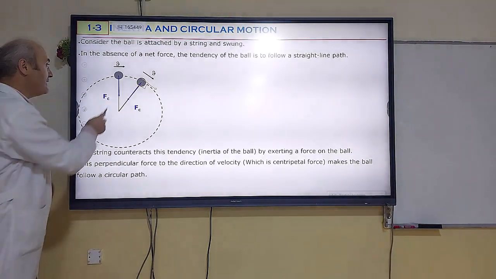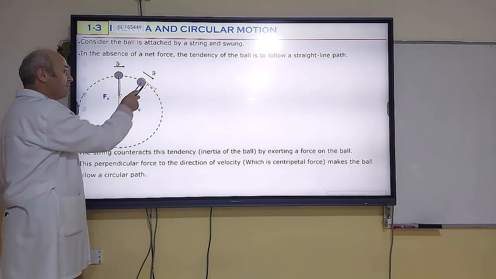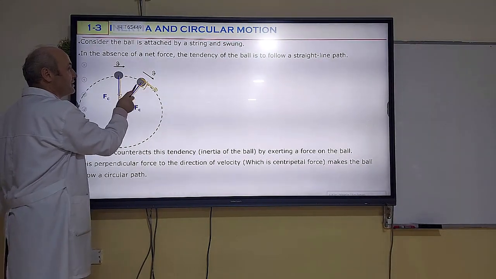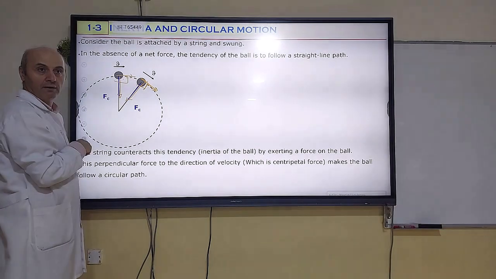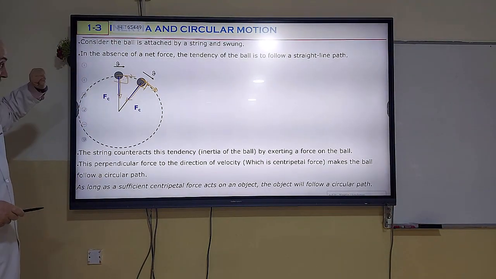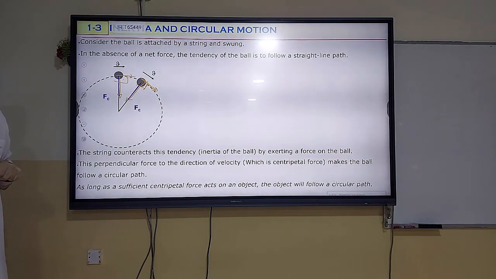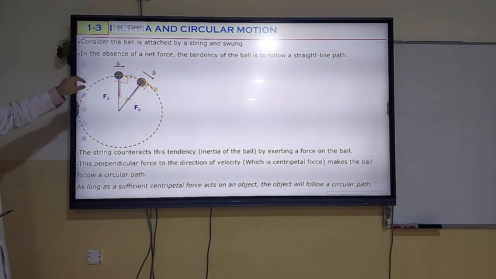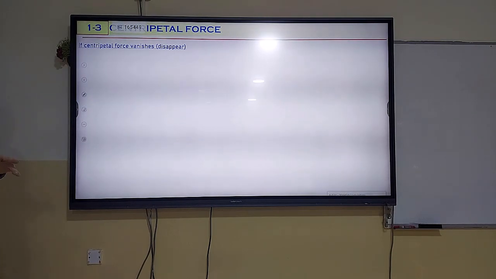As long as this force perpendicular to the tangential velocity is provided, the object will follow a circular path. But if you cut the string, if the string breaks, in this case the object will not follow a circular path.